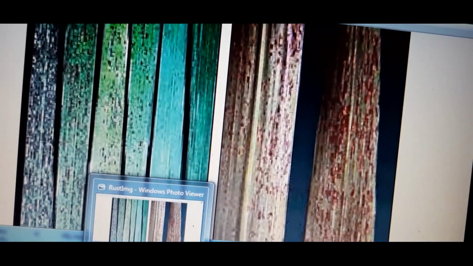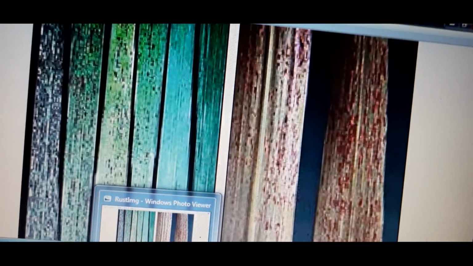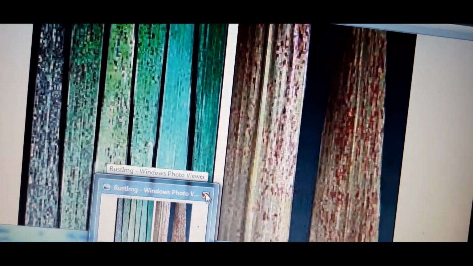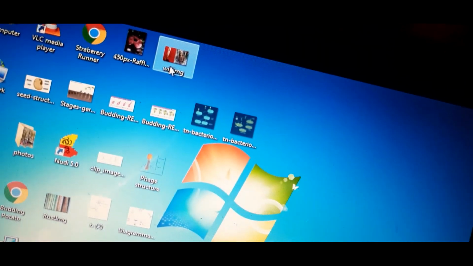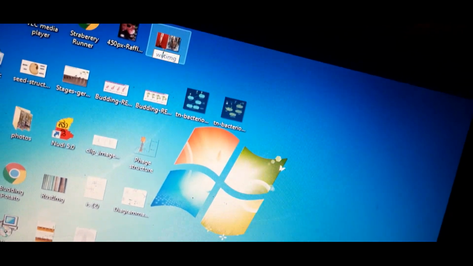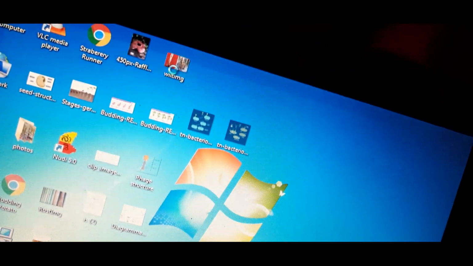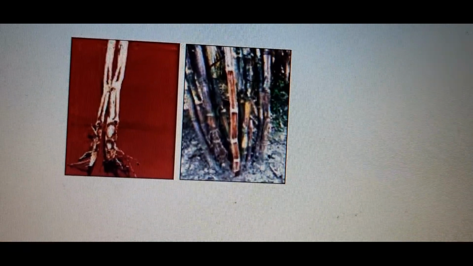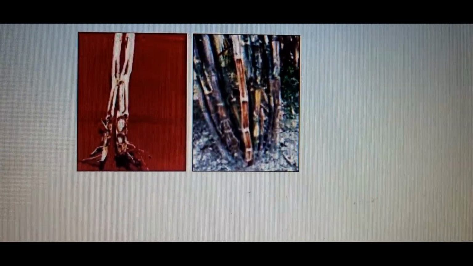Okay, and it can be, of course, such red streaks maybe in the stems also. I'll show you. One minute. See, the sugarcane stem. Sugarcane stem shows such red streaks inside.